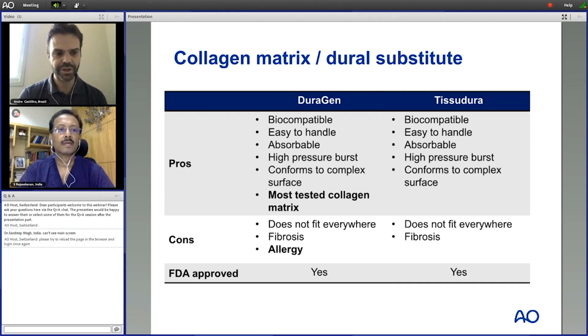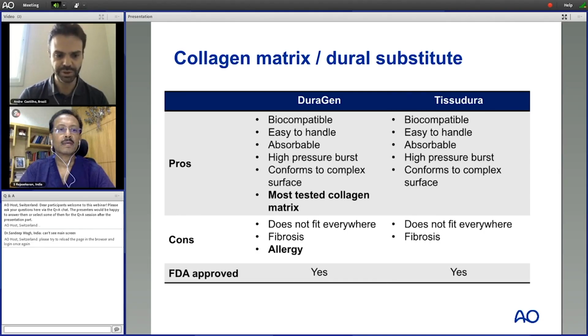Another important thing to remember, which I didn't say about the PEGs, the polyethylene glycol, is that they can swell, up to 40%. So in confined places, we have to be careful using them, as they can lead to compression of the nerve root or the dura.